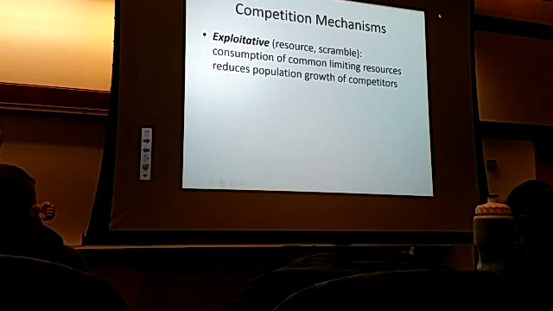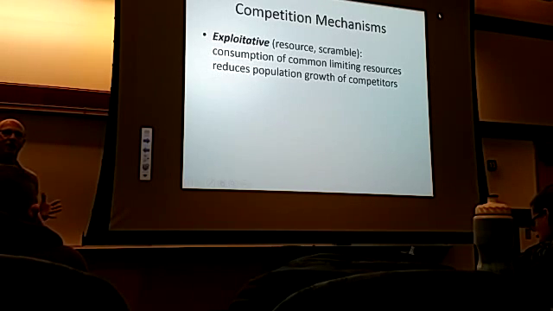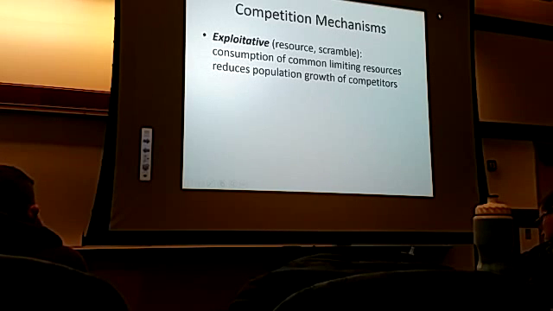Well, the two algae species aren't doing anything to each other directly, they're just consuming a common resource that they both need. But one is much better at exploiting it than the other one, and it drives the other one to a lower density. And that kind of competition, where the species are simply using resources, but there's really no direct physical competition between the two species, would be referred to as exploitative competition.